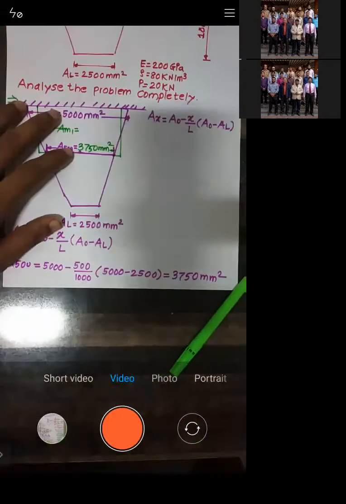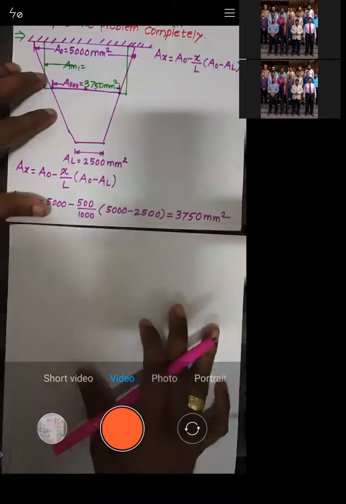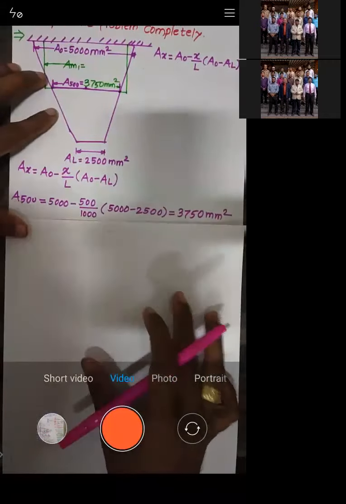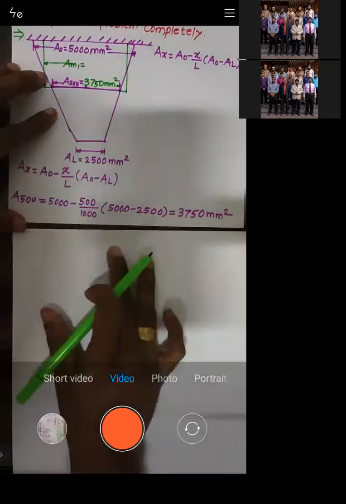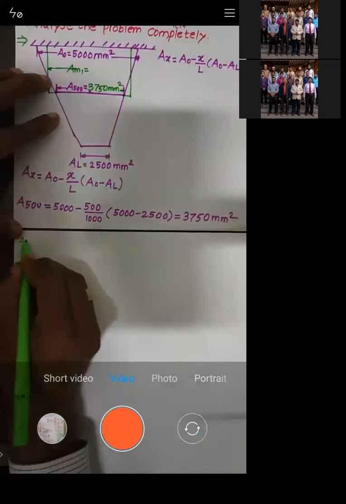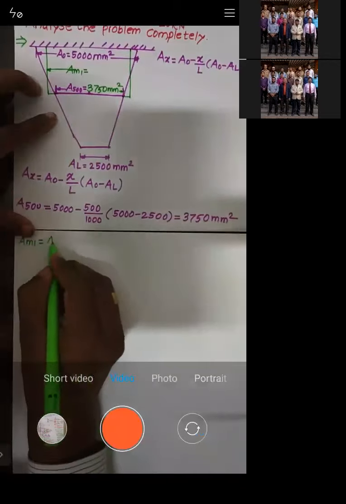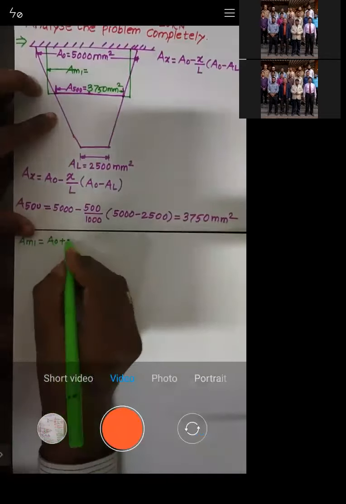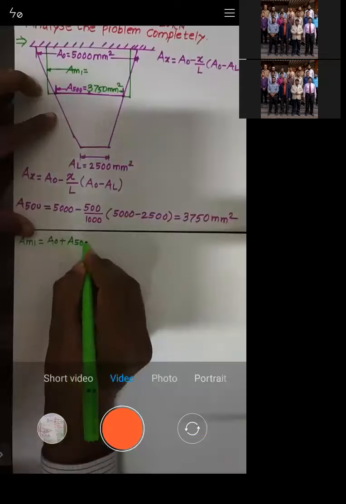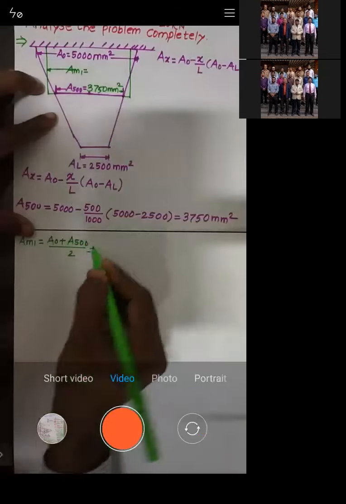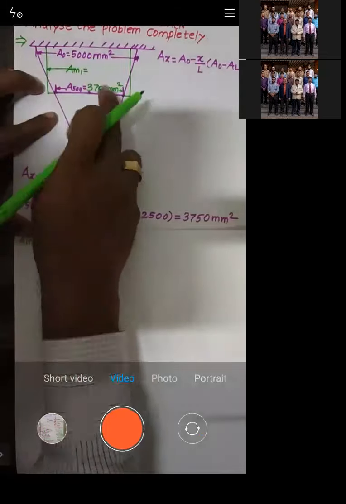So how do I do that? AM1, the mean area for element number 1, is given by the average of A0 plus A500 by 2. Here it is 5,000, here it is 3750.